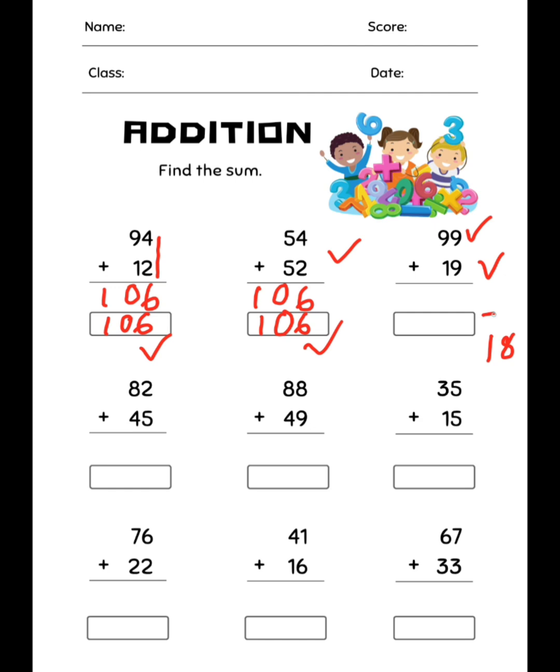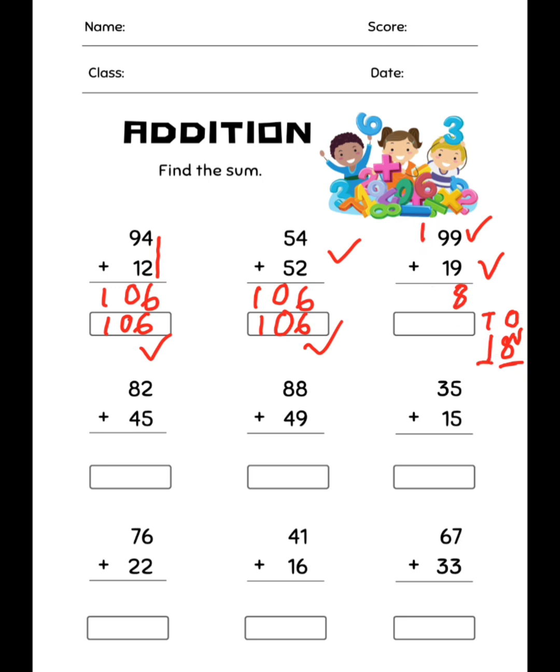We got 18, but we are not going to write 18 here. We are going to divide it into tens and ones place. We are going to place it like this. Then only the ones place friend will go to the ones place here. So 8 will go here and 1 you are going to carry.